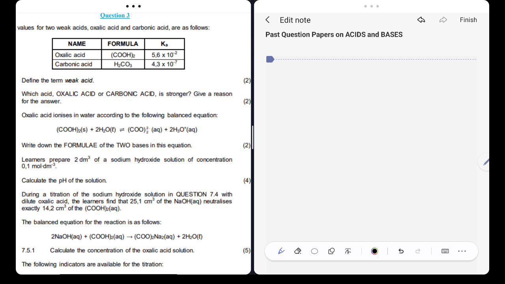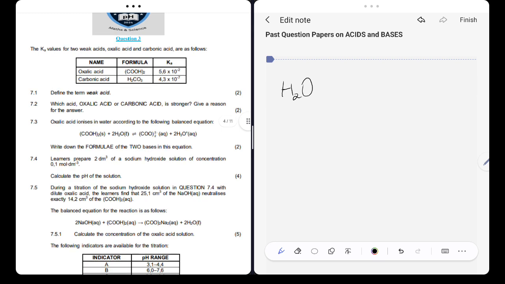We can even give a reason for that. Initially it was H2O, and afterwards it became H3O+. So the first base that we have is H2O. Are you together? Whenever we focus on the reverse reaction, we have H3O+, and then later it will become H2O. That means H3O+ has donated a proton, which simply means H3O+ is the acid.